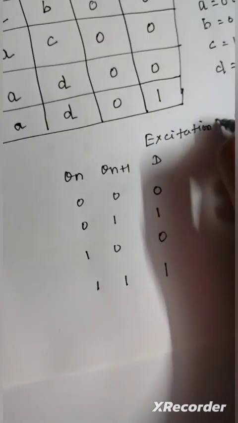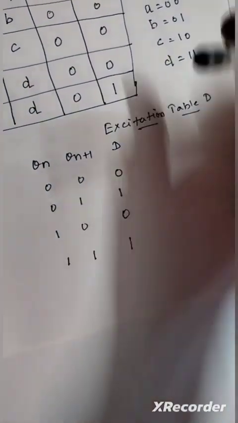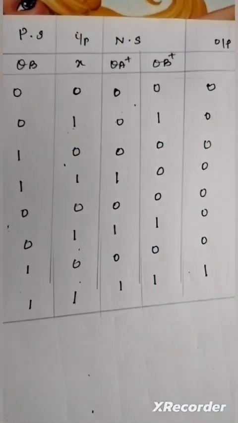So this is nothing but your excitation table for D flip-flop. So based on this, I'm going to write the value for the D flip-flop, right? Next, so for the first one, 0 0, your answer is 0, right? So based on this, we are going to write the value for D.